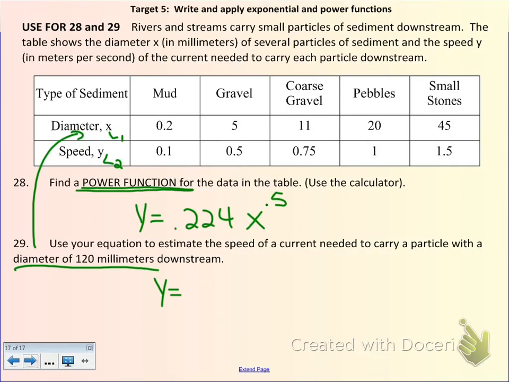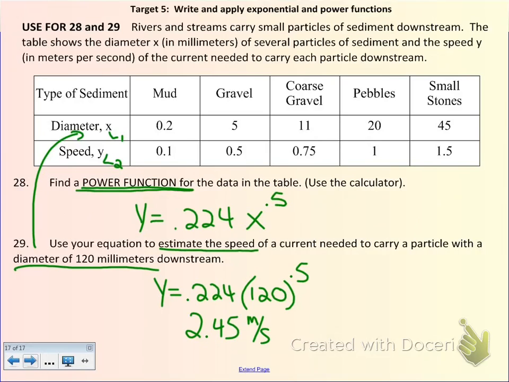So we have y equals 0.224 times 120 to the 0.5 power. You plug that in your calculator and we should end up with 2.45, and we want to estimate the speed, and that's given to us in meters per second in the original problem. So our answer is 2.45 meters per second.